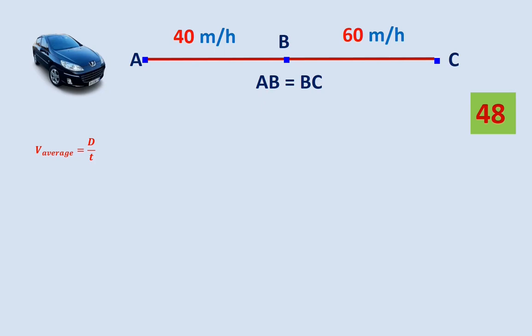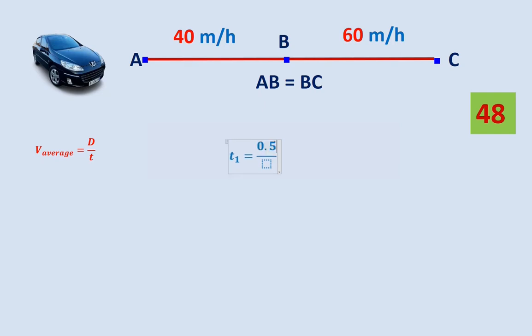The car traveled the road at different speeds, so let's calculate how much time it spent on each half. Since time is equal to the distance divided by the speed, then we get t1 is equal to, what is the distance of the first section, the section AB?